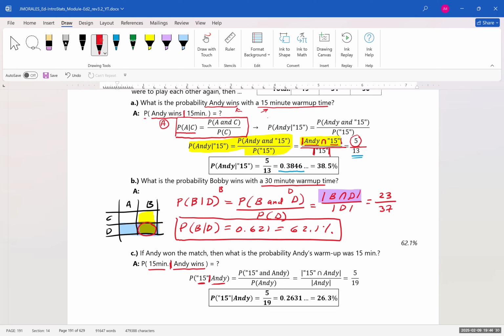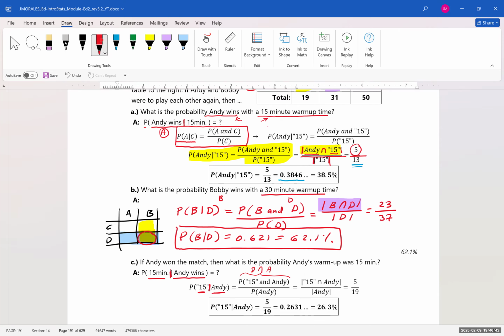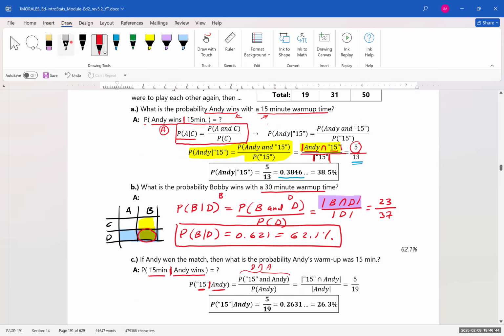And so it's going to be the probability of a 15-minute warm-up and Andy. So we're looking at this intersection. So this will be C intersect A, I'm sorry, not D. And that's going to be divided by the probability of Andy, which is the probability of A.